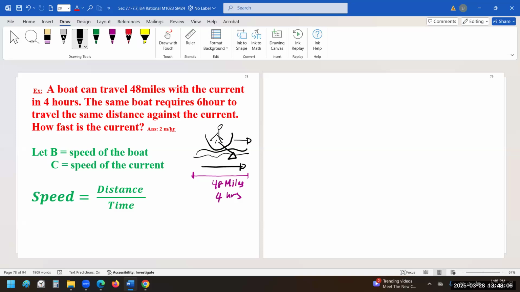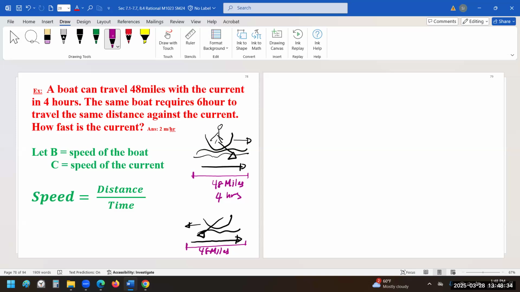But when you come back, this is still your water, but this time you're coming back, so you're going this way, but your current is still flowing in the other direction. And still you're crossing your 48 miles. But since you're going against the current, it takes longer.